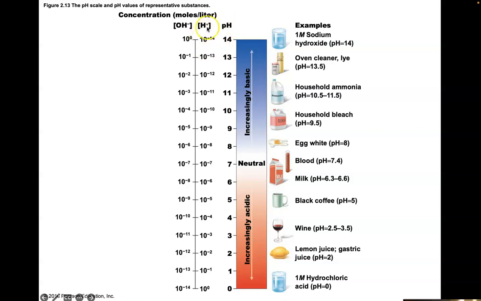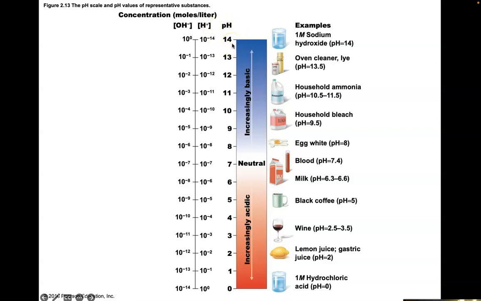If this is too much and you don't understand, this makes sense to me. As a student, it helped me remember why a high pH is more basic and why a low pH is more acidic, because the lower pH actually has more hydrogen ions. Here, pH 1 is 10 to the negative 1, versus 10 to the negative 14, which is way, way fewer hydrogen ions.